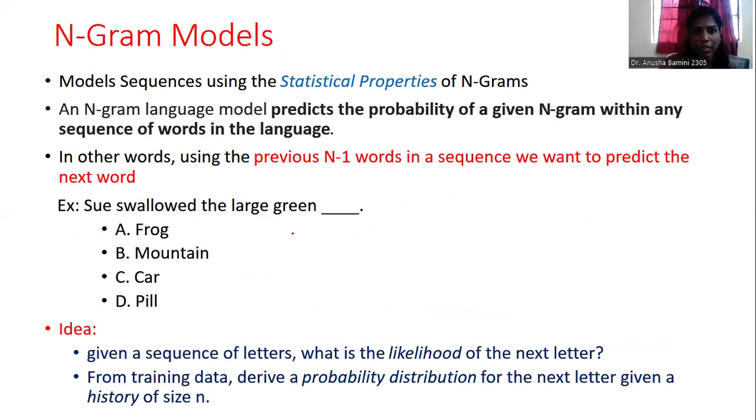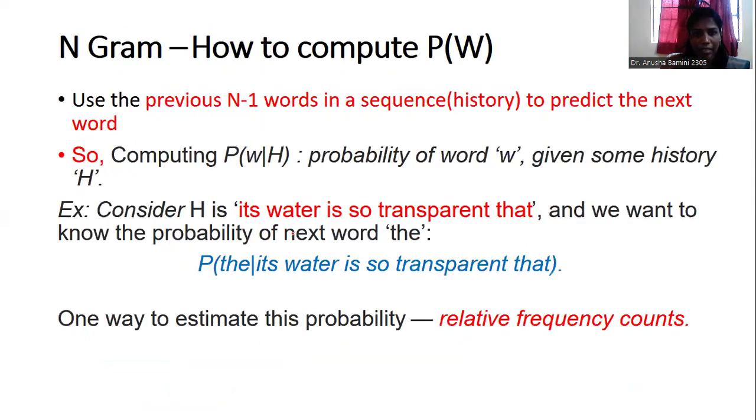A similar concept appears in this slide. The n-gram language model predicts the probability of a given n-gram within a sequence of words in a language. What would be the likelihood of the next word? This can be determined based on training data. To calculate the probability of W, we use the previous n minus 1 words, the history, to predict the next word.